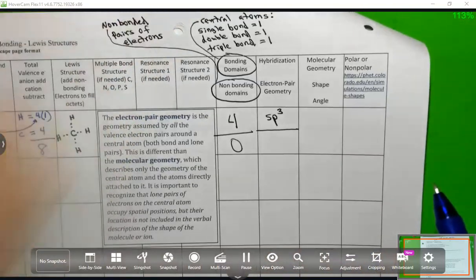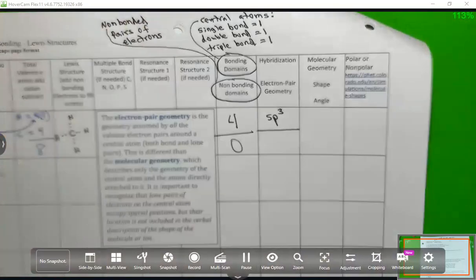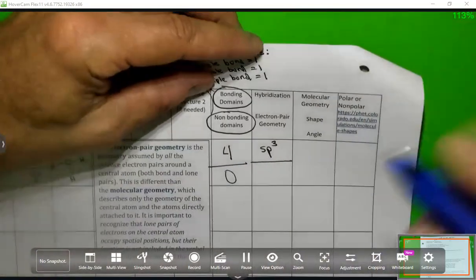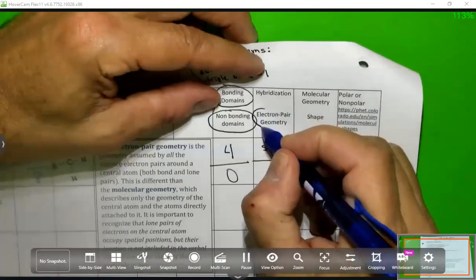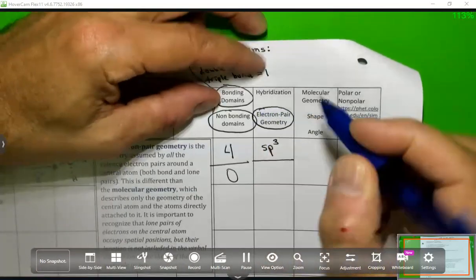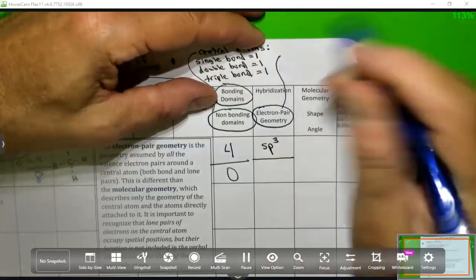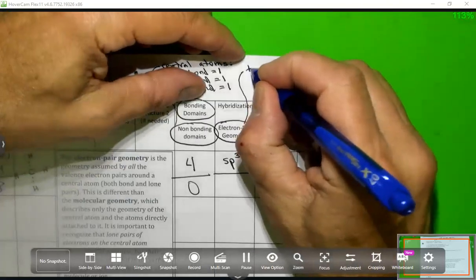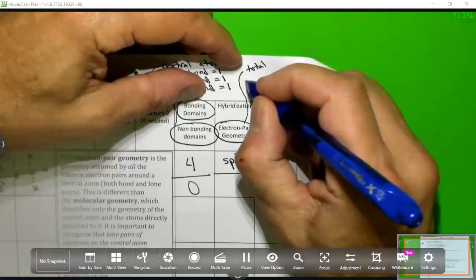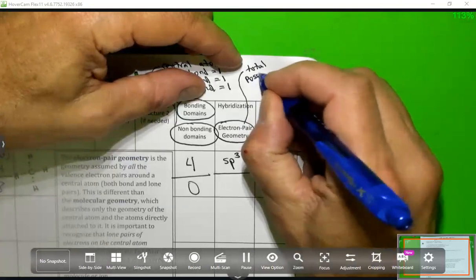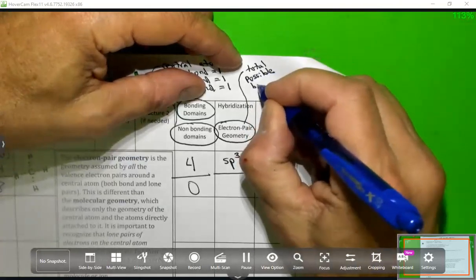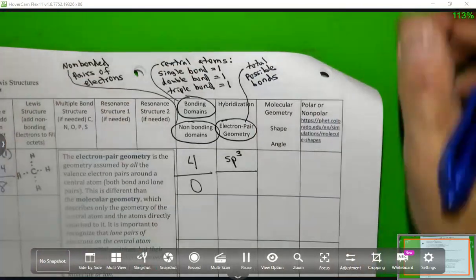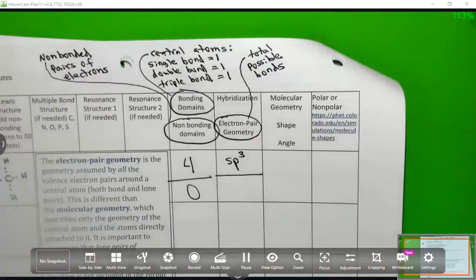My electron pair geometry is total possible bonds.